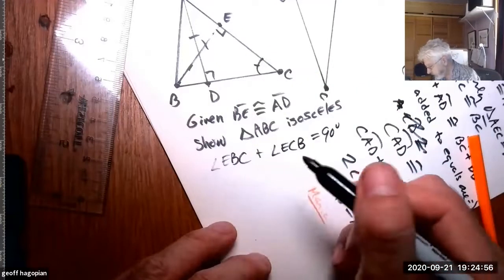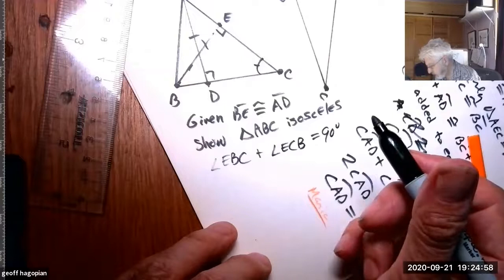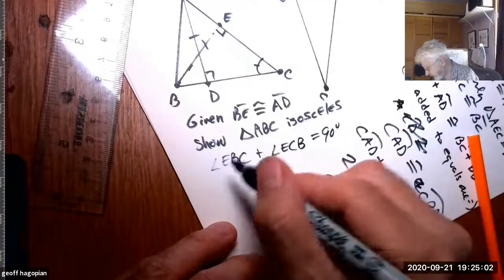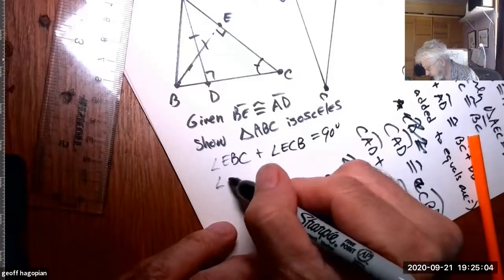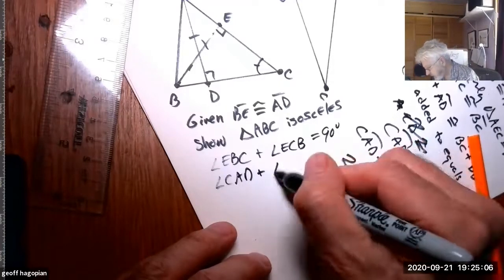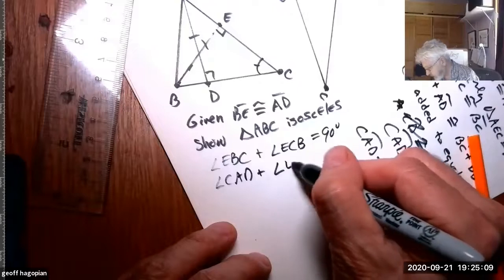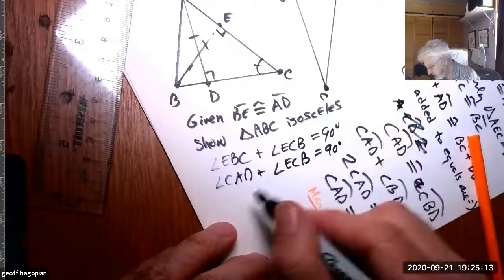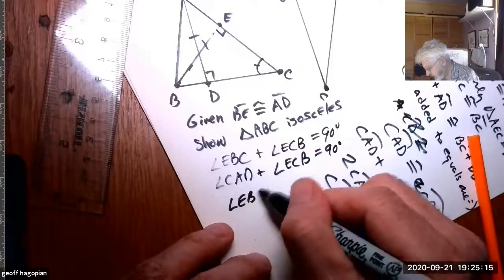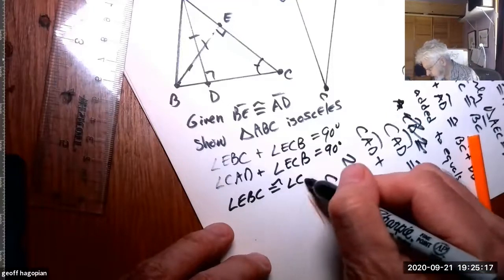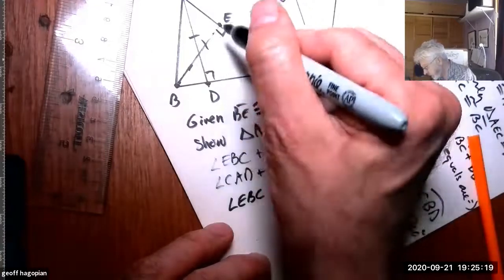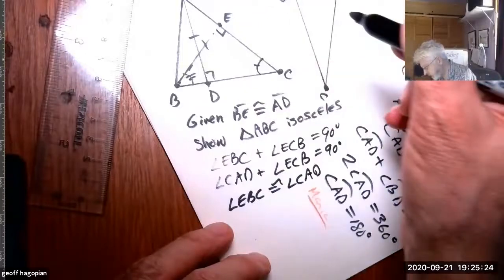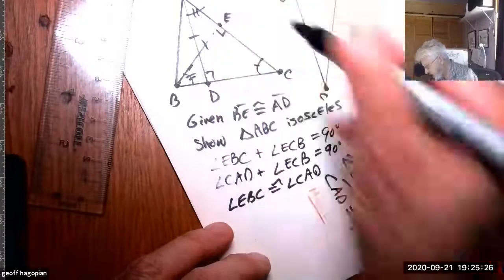So by the same token, we know that angle CAD plus angle ECB is equal to 90, right? So that means that angle EBC is congruent to angle CAD. So EBC, CAD, those are congruent, right?